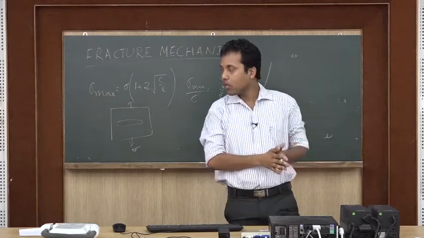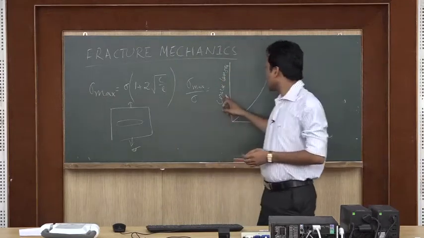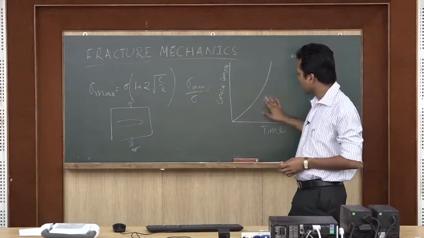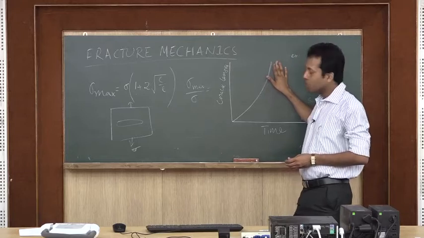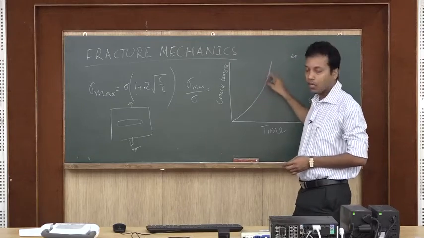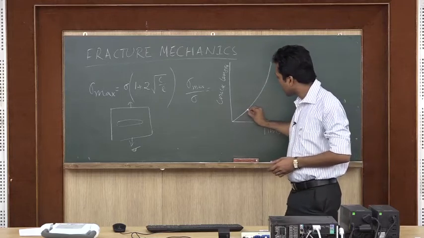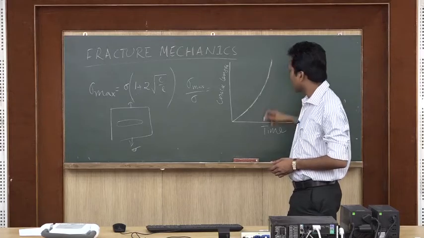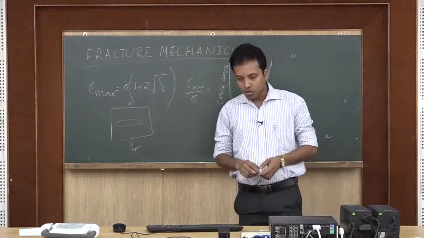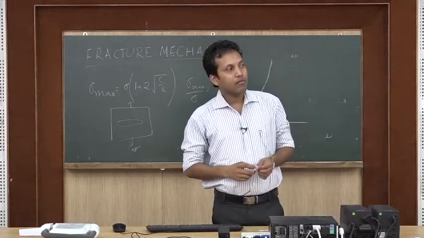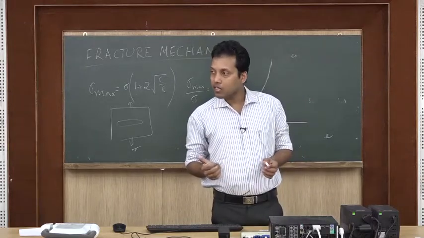So what we see is that the increase in the rate of crack length is in this manner, in a positive direction. That means if I take the slopes, these slopes will be increasing with time. Okay. So we can visualize that the presence of a crack in a structure is very detrimental.